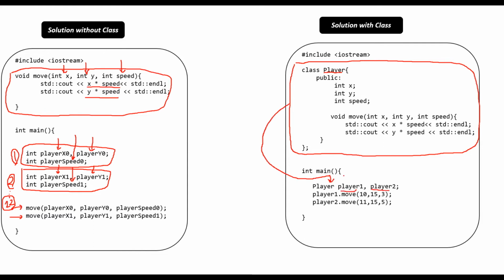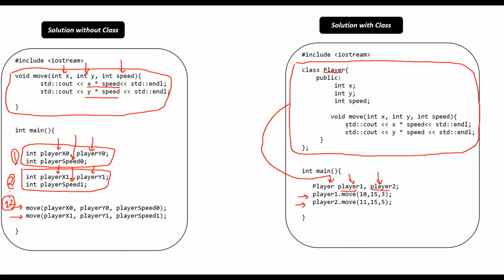For example, here I create 2 players, and each player has all this information inside the class. It has x, y, speed, and it also has the move function. The information of player number 1 is not the same as player number 2, but the content would be the same.